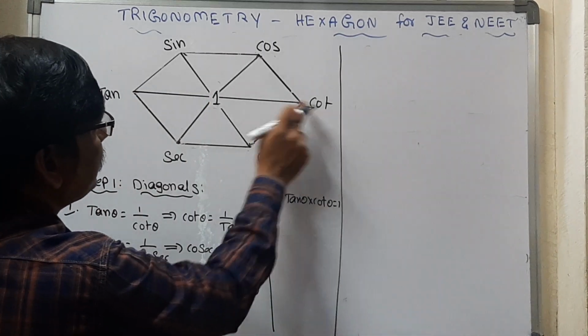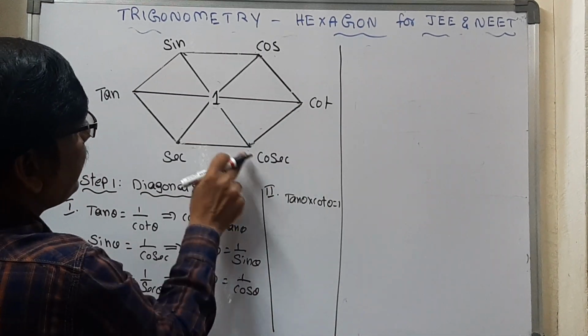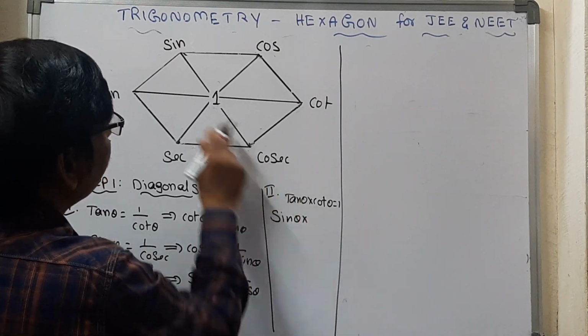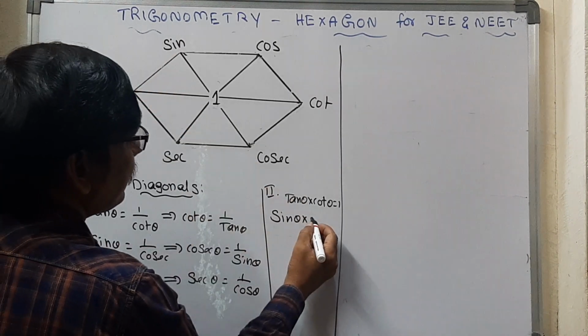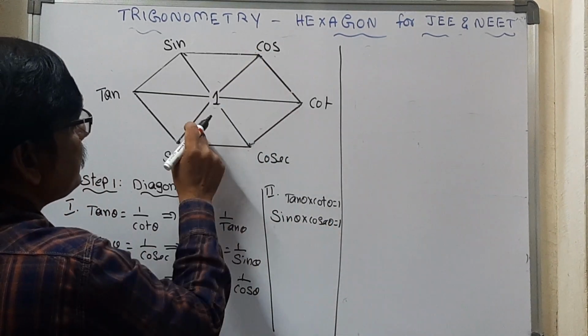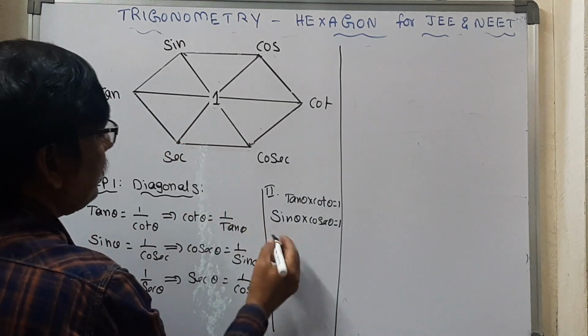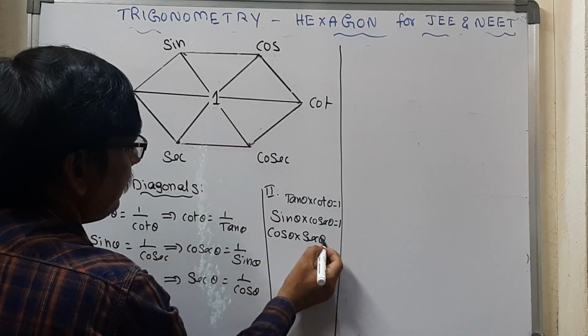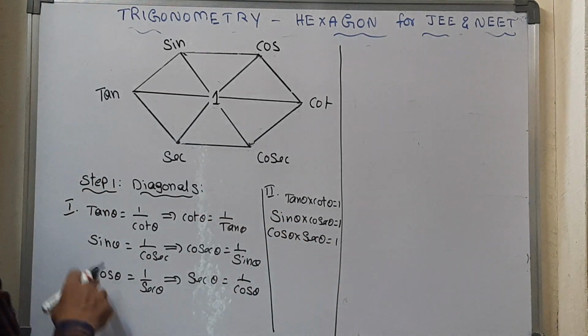Tan theta and cot theta is equal to 1. Then sin theta into cosec theta, that you can get as 1. Then the last one is cos theta into secant theta, that we can consider as 1. So this is about diagonals.